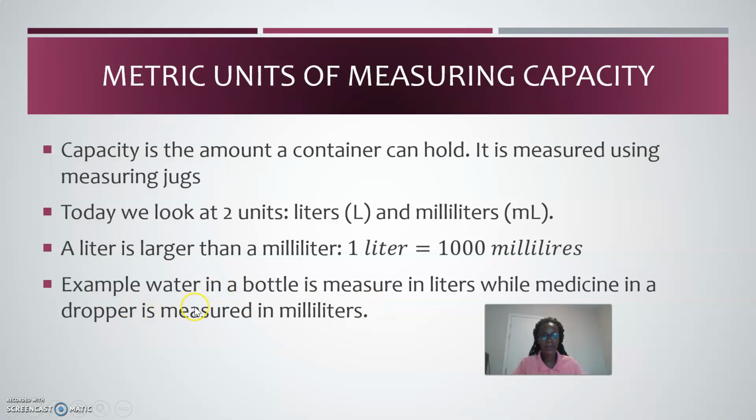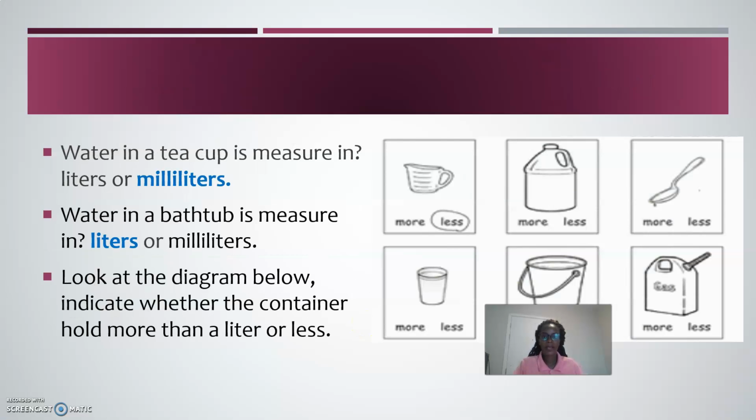So as I've given an example here, water in a bottle is measured in liters, while medicine in a dropper is measured in milliliters. Like say for example, the eye drops that you put in your eyes, that can only be measured in milliliters. And further examples, water in a teacup, is it measured in liters or milliliters? The correct one should be milliliters because it's quite small. Water in a bathtub is measured in liters.